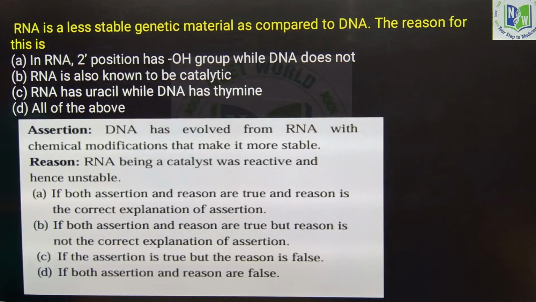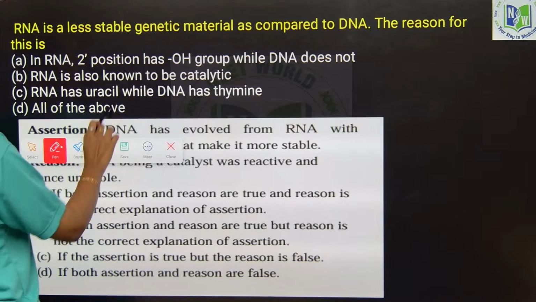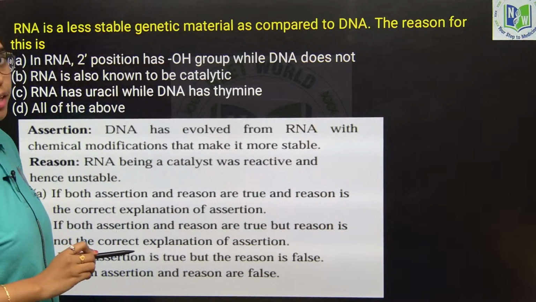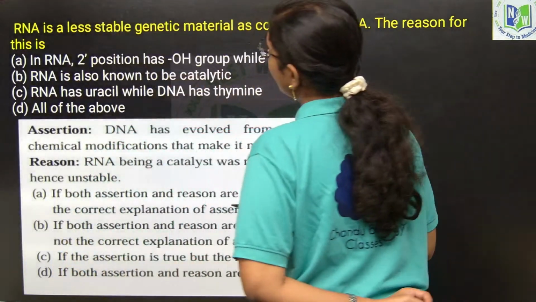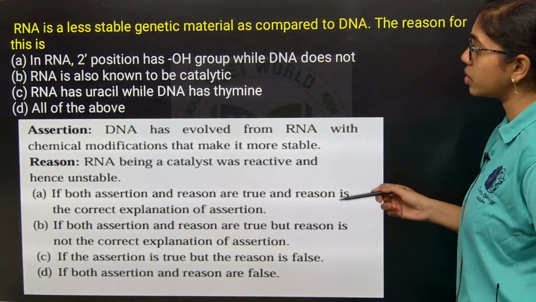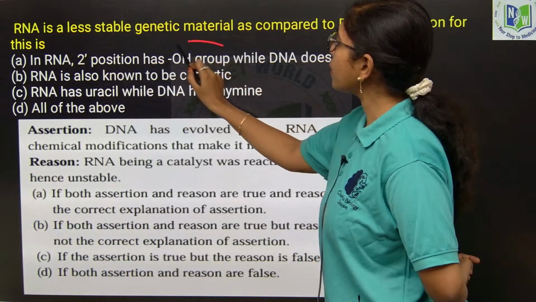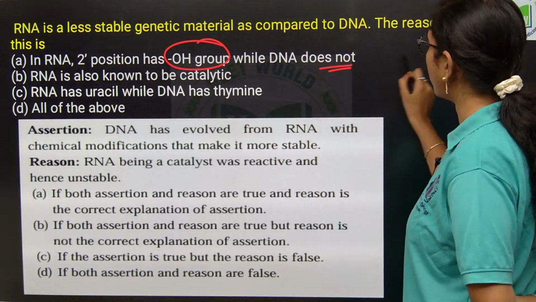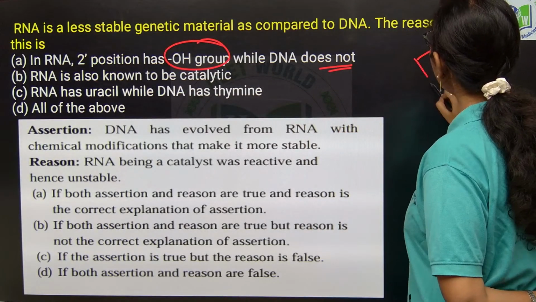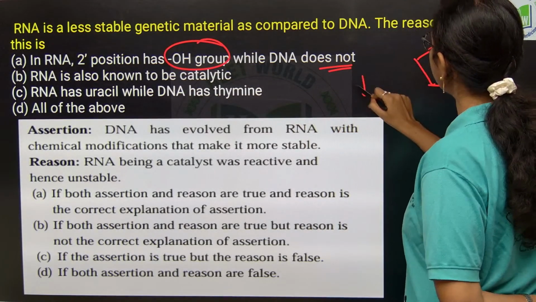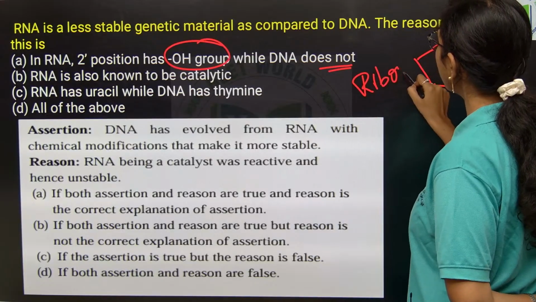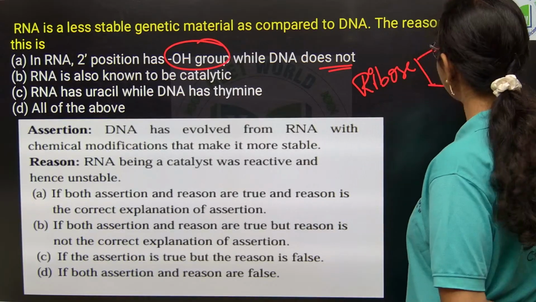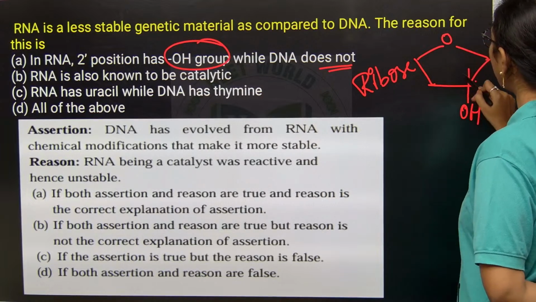Next question. RNA is less stable genetic material as compared to DNA. True. What is the reason for this? In RNA, the second position has an OH group while DNA does not. Yes, at the second position of the pentose sugar, that is ribose, a free OH group is present.